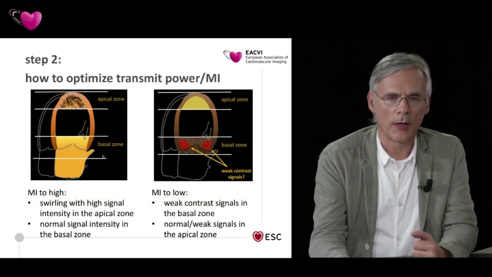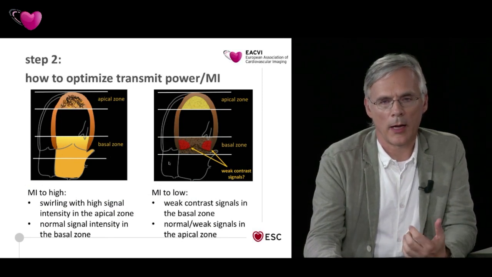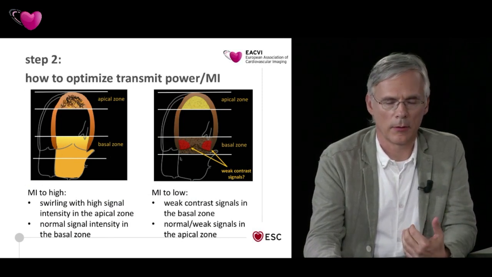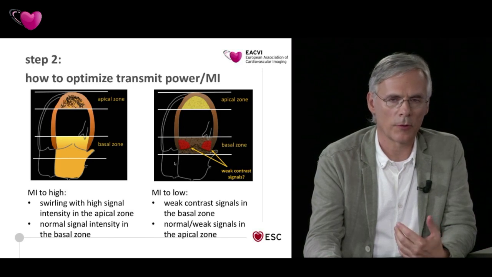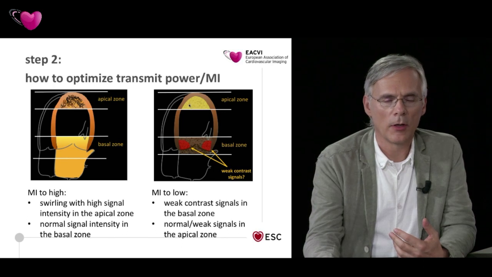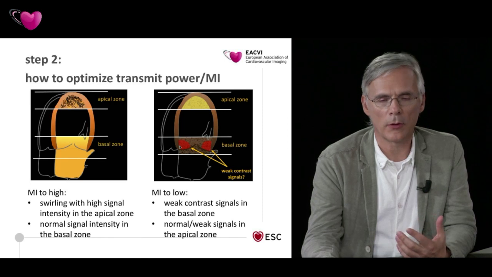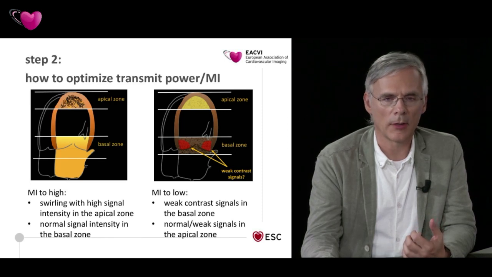And this is how we recognize a too low transmit power. We have a weak or quite normal signal in the apical zone, and we have weak signals, especially with these dark edges between the mitral valve and the myocardium and the muscular part of the septum and the lateral wall.